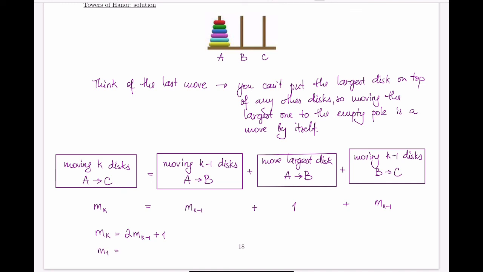So what is the minimum number of ways to move one disk from one pole to another? If all I have is one disk, all I have to do is pick it up and move it to another pole. How many ways are there to do that? Exactly 1. So M of 1 is 1, and then altogether I have myself a recursion that actually describes how many ways there are to solve this puzzle.